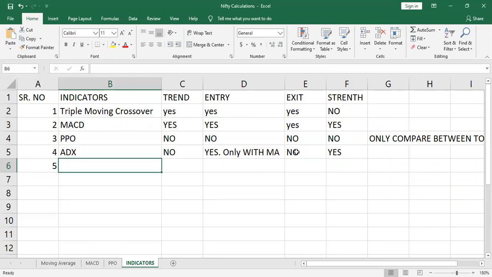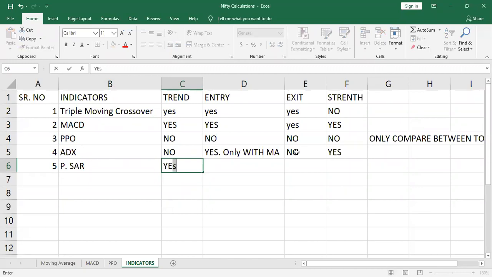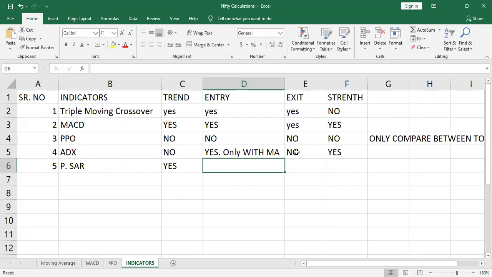The fifth indicator is parabolic SAR. Then the trend, the answer is yes. Entry point, generally the answer is no. You can't find an entry point with this.